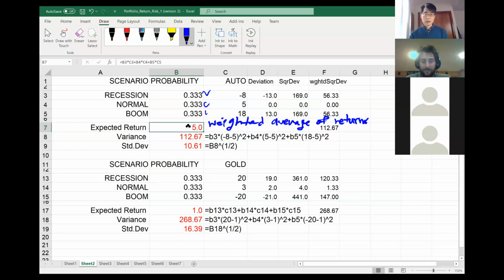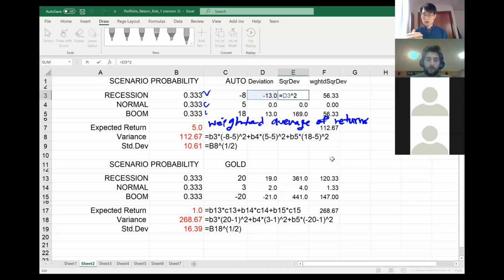Then the question is, how do we measure the risk of a financial asset? The risk, as I told you, is the variance of the asset, right? The variance of the rate of return of the asset. So what we have to do is that we obviously have to calculate the expected return first. Then we calculate the deviation, which is the difference between the actual return and the expected return. And then calculate the squared value of the deviation, right?